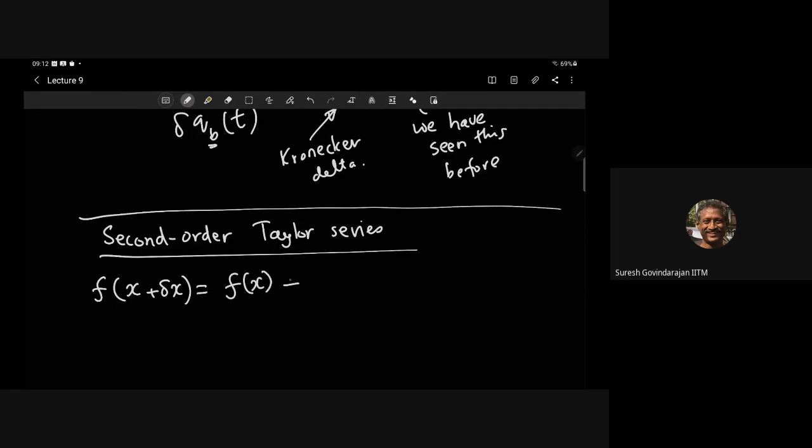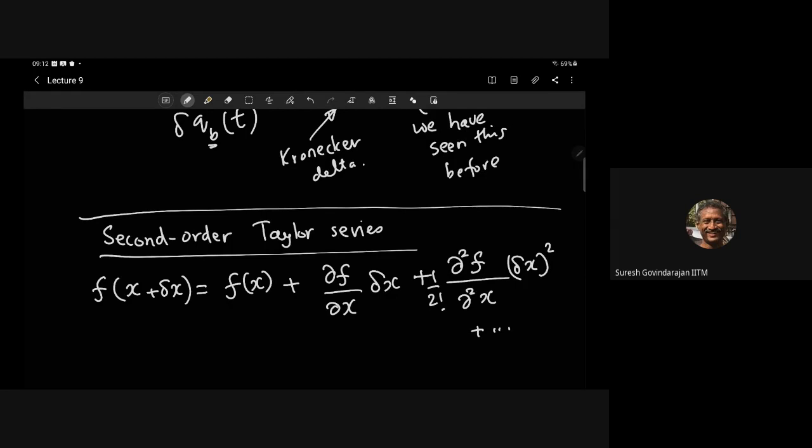Zeroth order term, first order term, okay. So this is clear, right? This is just standard stuff.